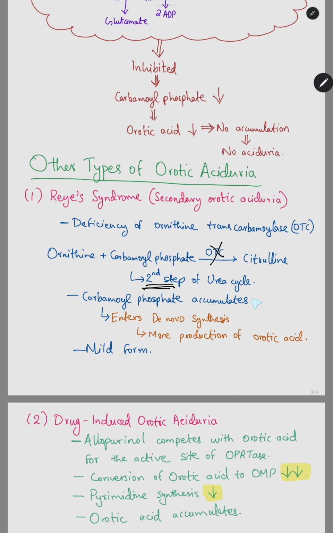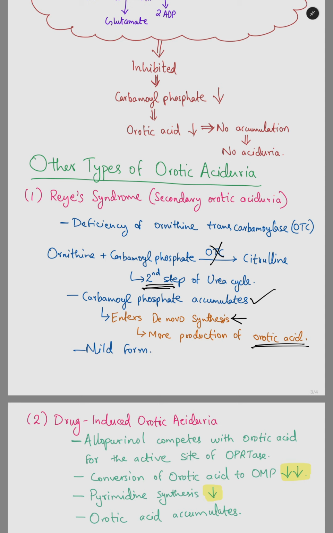So carbamoyl phosphate will get accumulated in our body. The accumulated carbamoyl phosphate enters into the de novo synthesis, and the orotic acid is produced excessively. But in this OTC deficiency, the enzymes OPRTase as well as OMP decarboxylase are not deficient or defective.